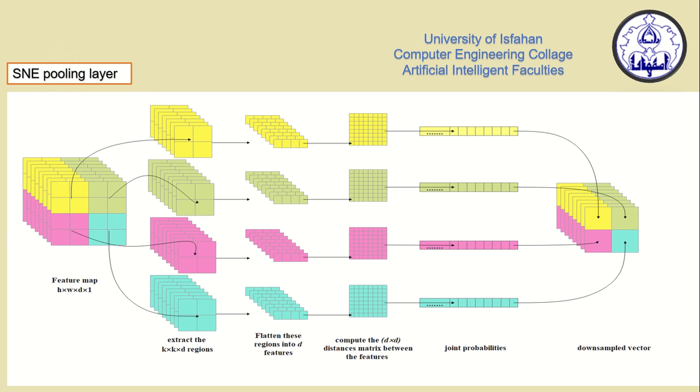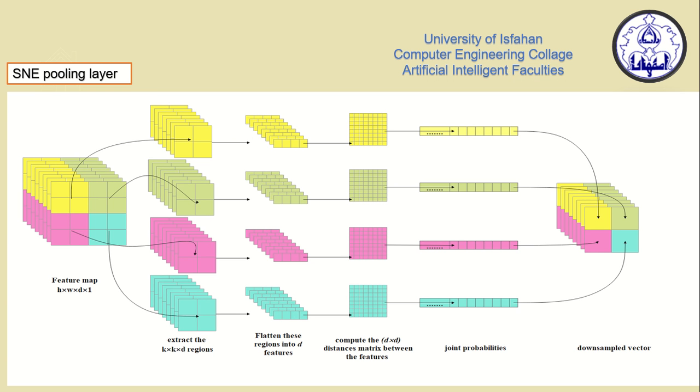The first one is in yellow. In the second step, we will flatten each subregion into D features. So each subregion will have D features. Each feature will contain a number of elements. Here we are considering 2 by 2, so there are 4 elements in each of the D features.